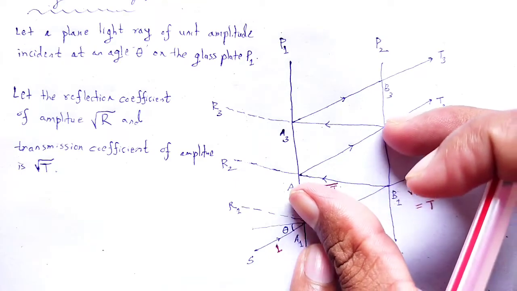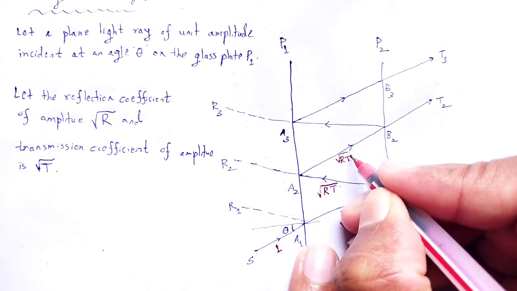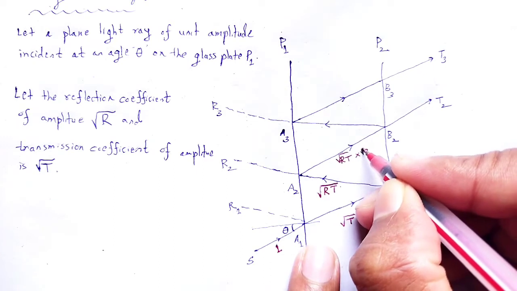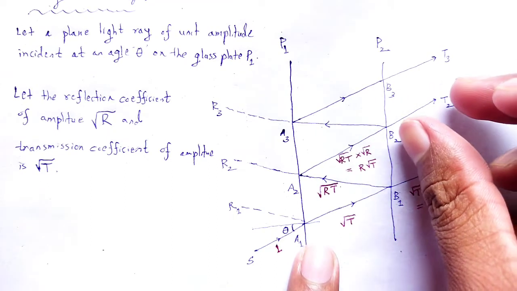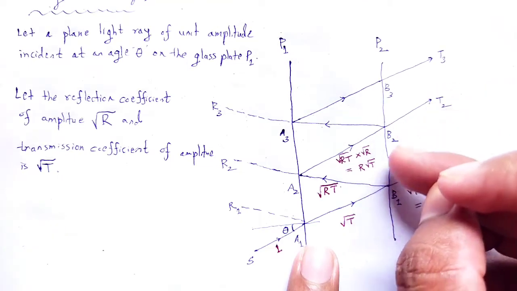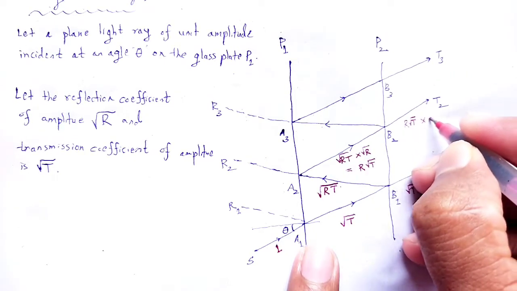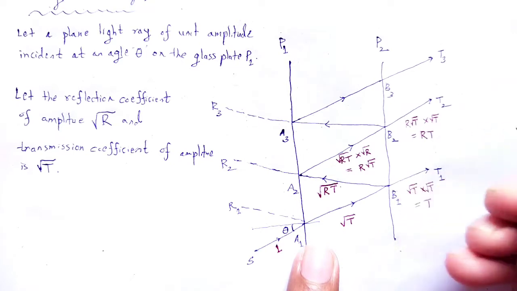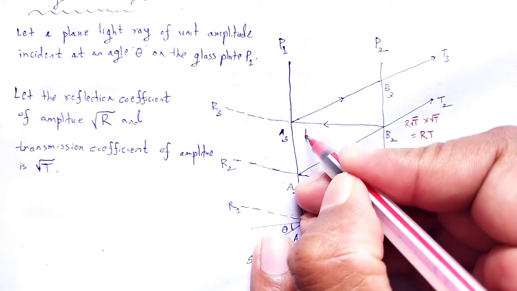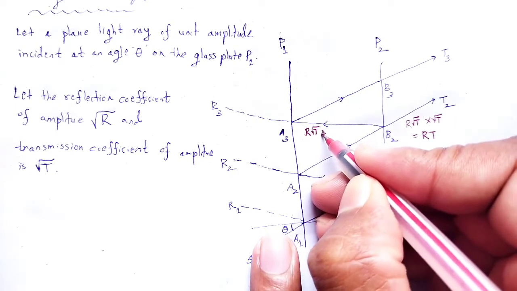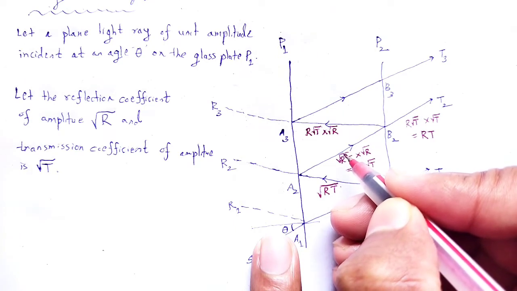Again, for ray A2B2, root RT into reflection root R is equal to R root T. Next, at the surface, reflection R root T, then transmission into root T, we obtain RT. Then R root T into reflection root R.